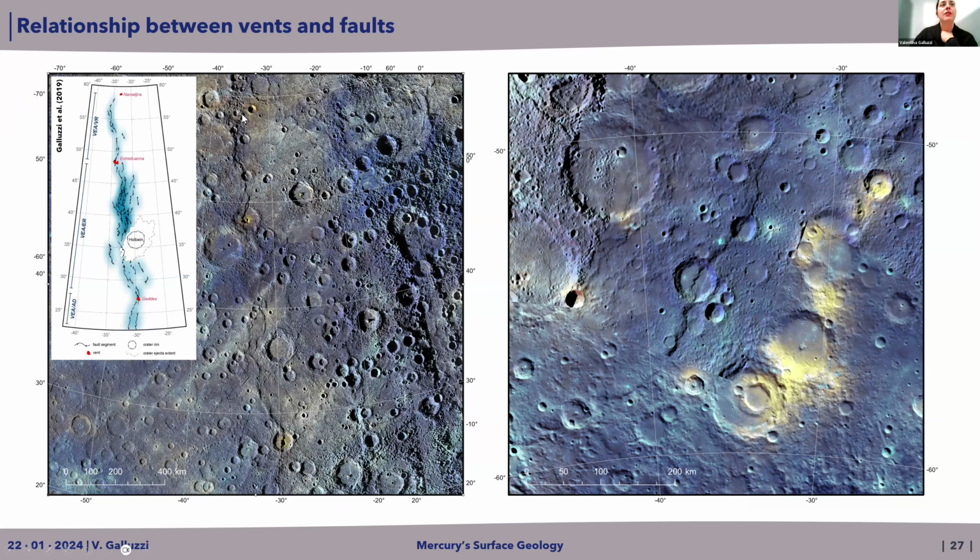You can find three explosive vents aligned along the fault system. Even when vents are not found along the faults, as here at Discovery Rupes, they are found right in front of the faults. So there seems to be a very strong relationship between explosive volcanism and tectonism.